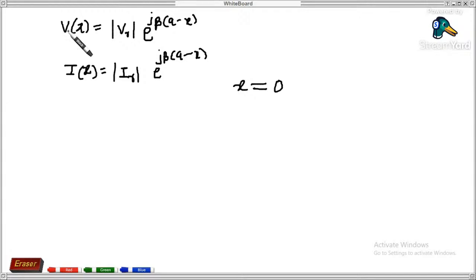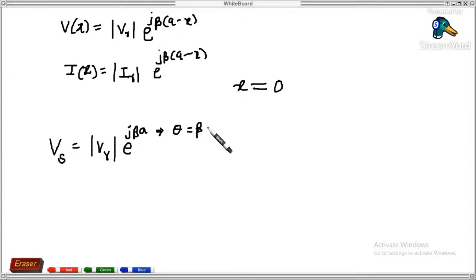So this V of x will now be equal to Vs, because x equal to 0 is the sending end voltage, right? Vs is equal to mod of VR e raised to j, what will happen? Only beta into A, x is 0, right? E raised to j beta into A, where theta is equal to beta into A.